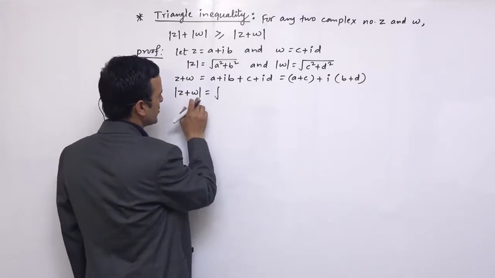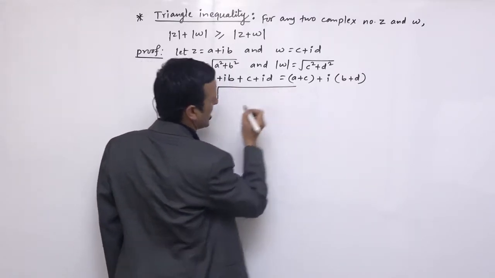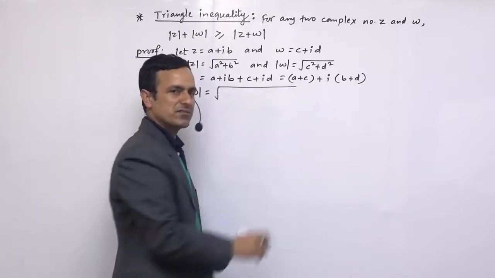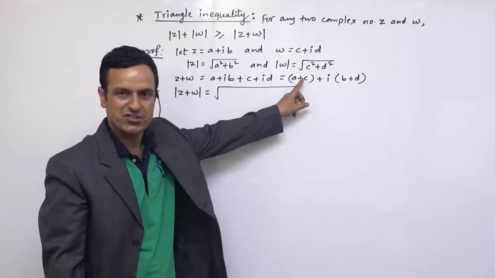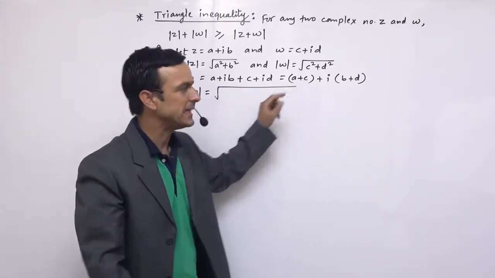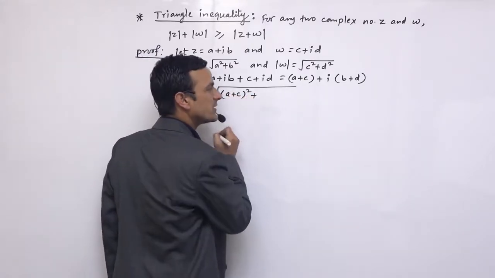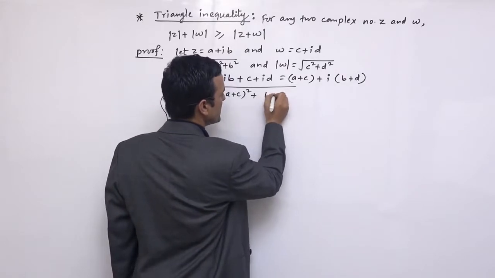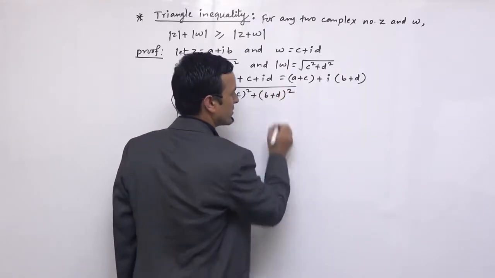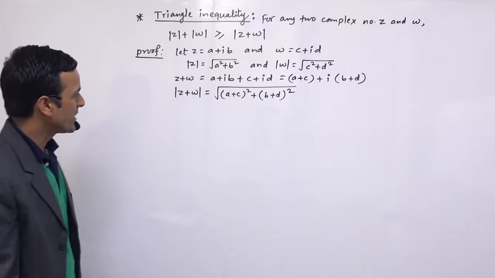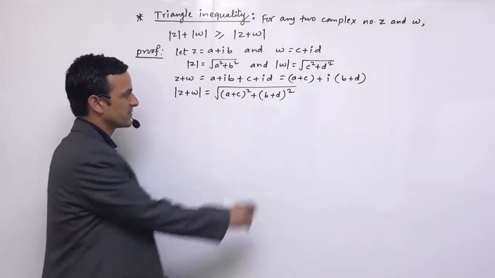So the absolute value of z plus w is root under real part square, that is real part means a plus c power 2, and imaginary part means b plus d power 2. In this way we can find the absolute value of this.